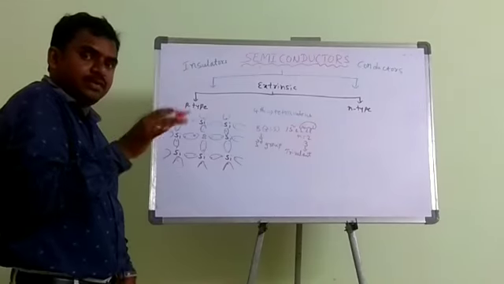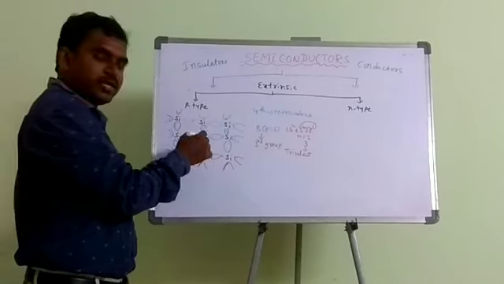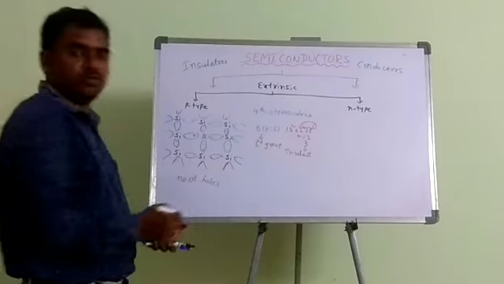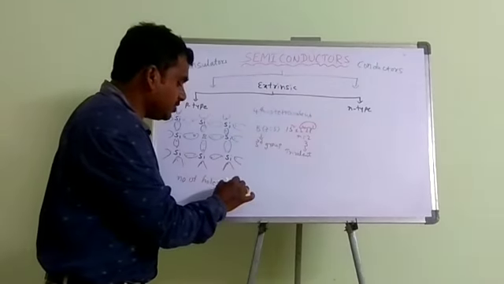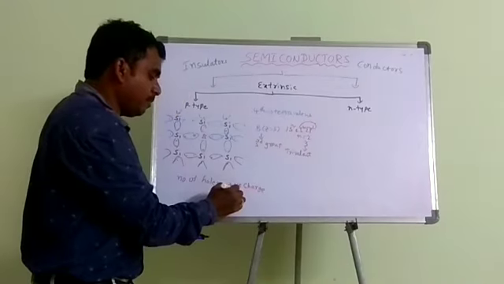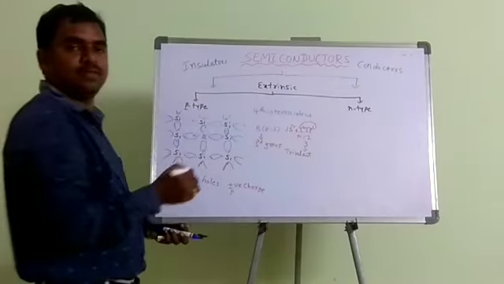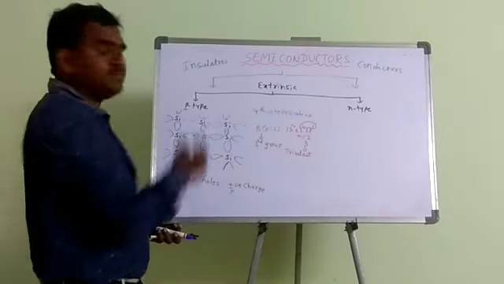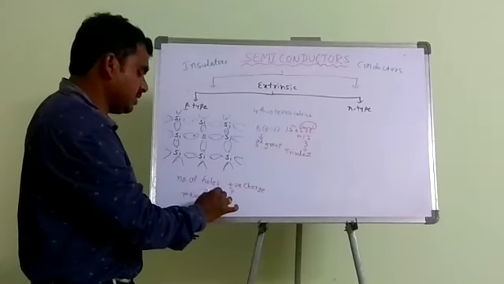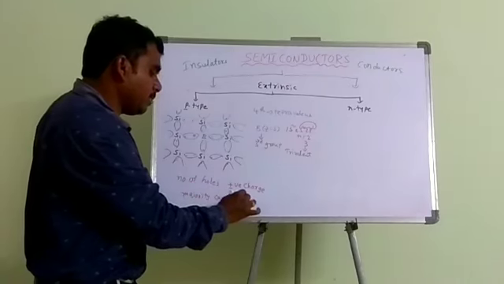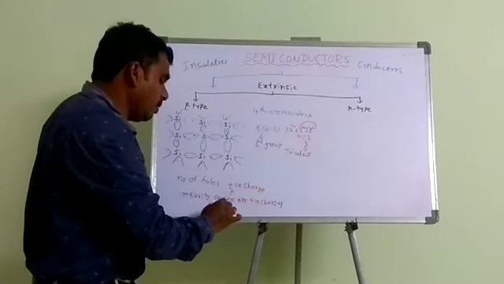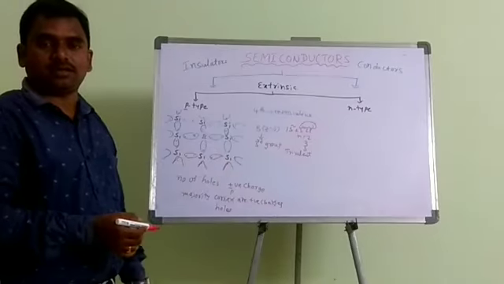If you add a number of boron atoms, you will get a number of holes. The hole's charge is positive, so that means P. So in a p-type semiconductor, the majority charge carriers are positively charged holes, and the minority charge carriers are electrons.